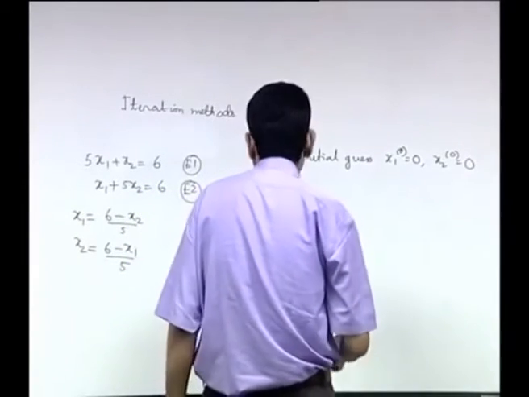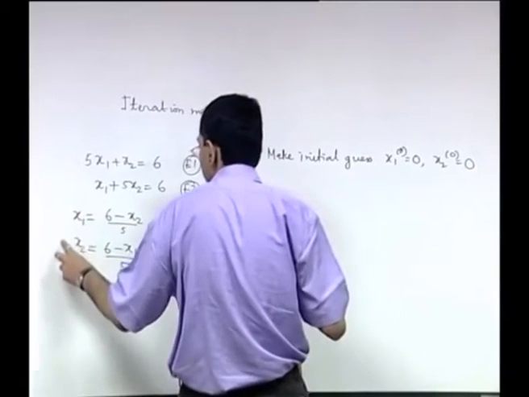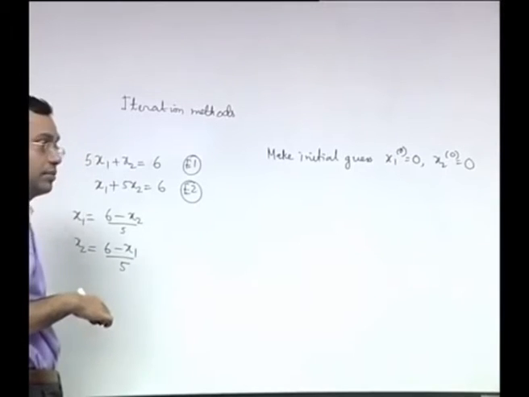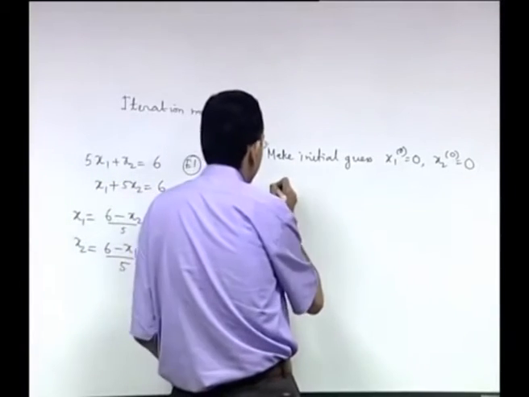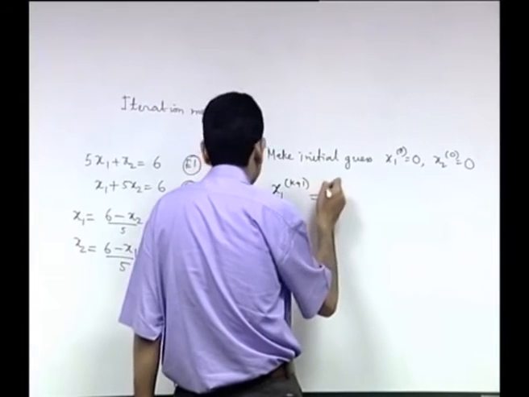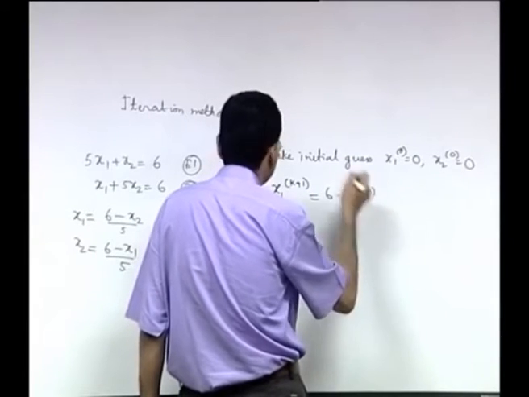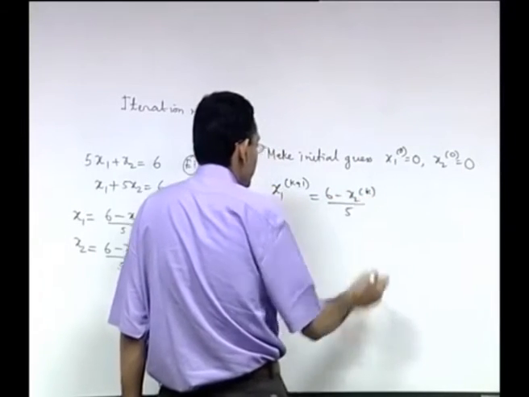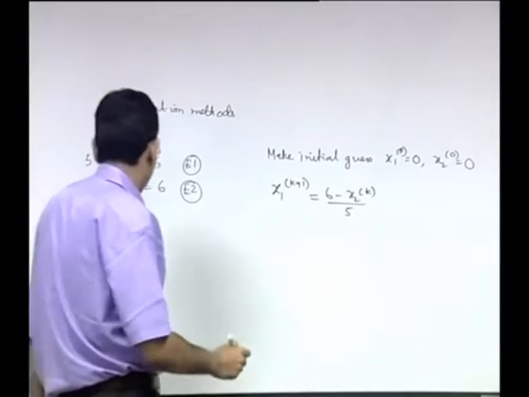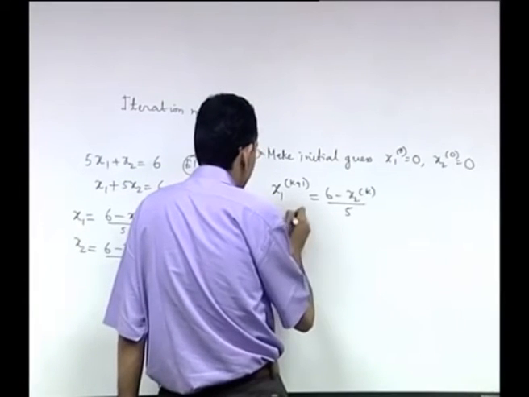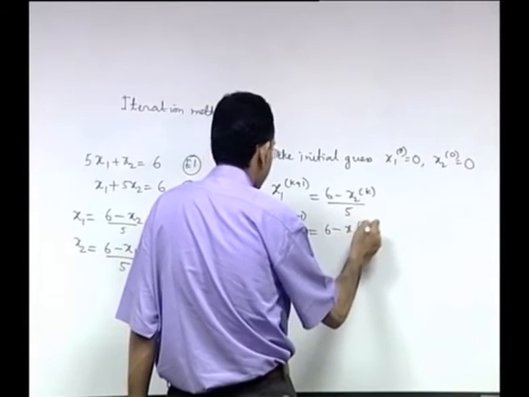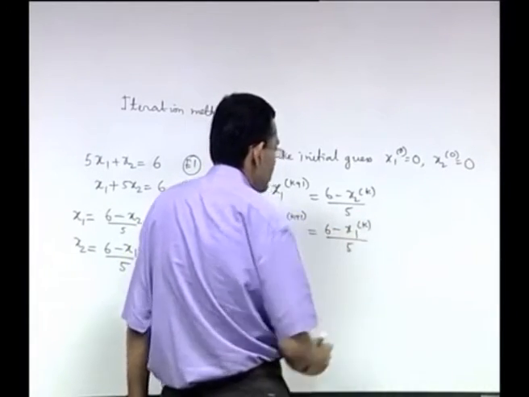So what you do? You make some iterative formula based on these equations that you have got from your given system. So let us say that you have x1 k plus 1 is equal to 6 minus x2 k by 5, and x2 k plus 1 is equal to 6 minus x1 k by 5.